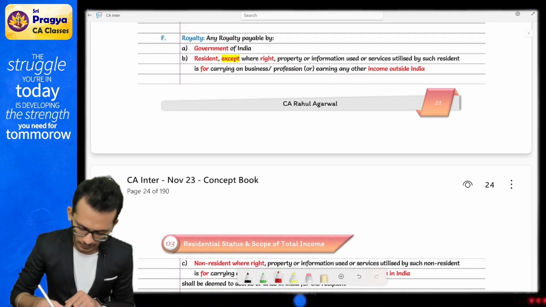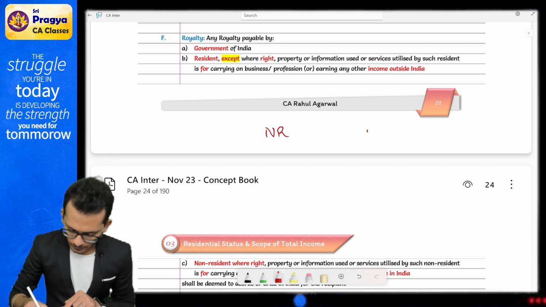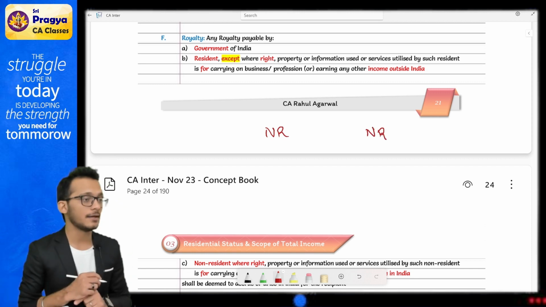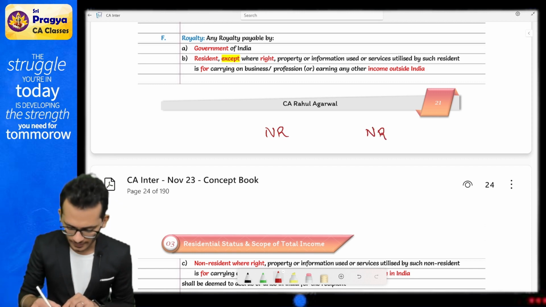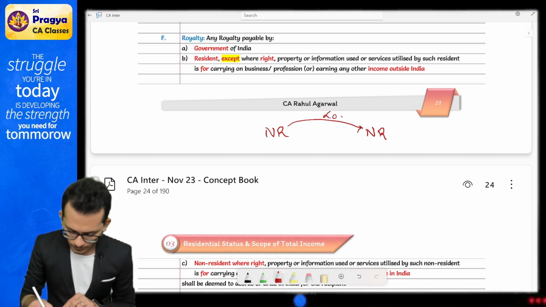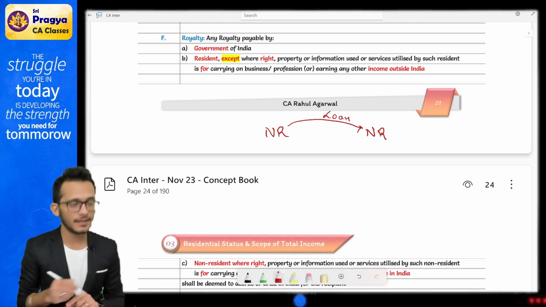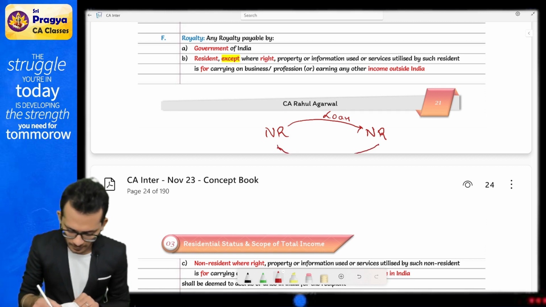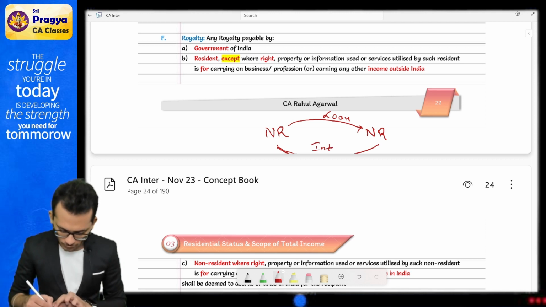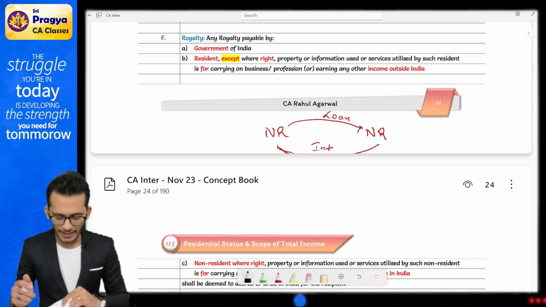There is a person called as a non-resident, another non-resident, a non-resident with another non-resident. You are going to give this non-resident a loan. This non-resident is going to give this person interest. Now, I need to look at what is happening with the second non-resident.